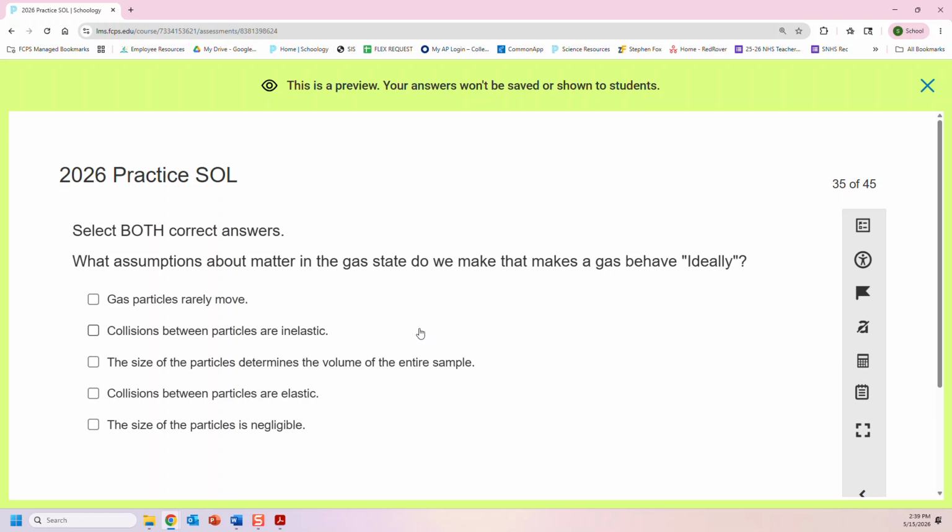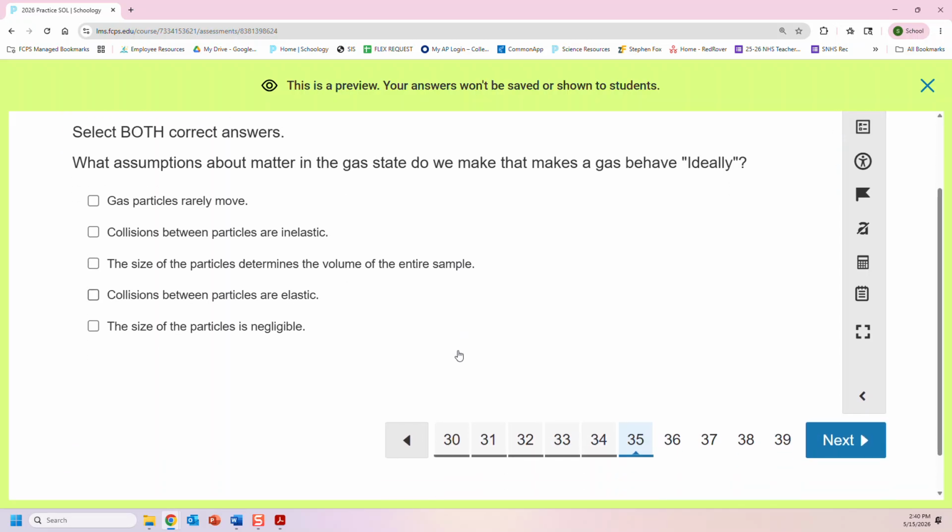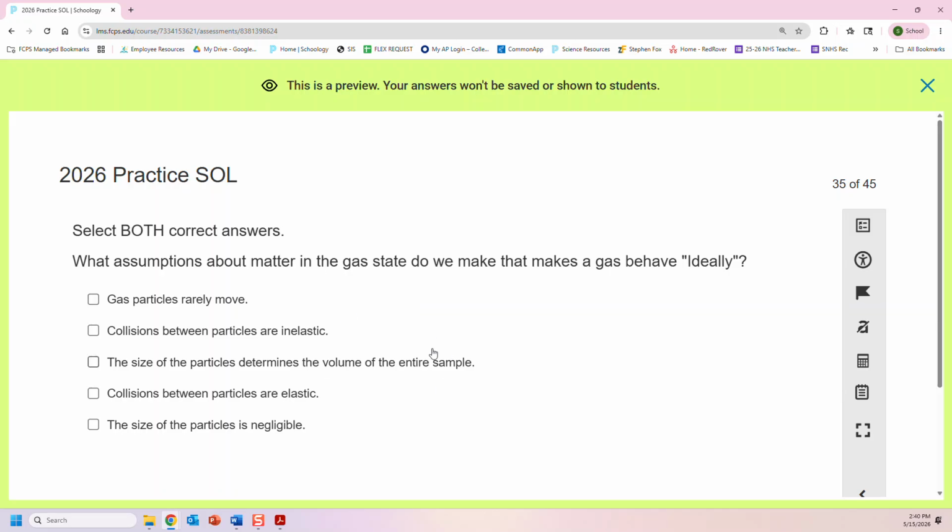So make sure you focus on these last questions in particular, because that's the stuff we're currently learning, and it's going to be the stuff that you have the least amount of practice with before the SOL. So questions 35 through 40 are going to be very important to understand all of those concepts. Okay?